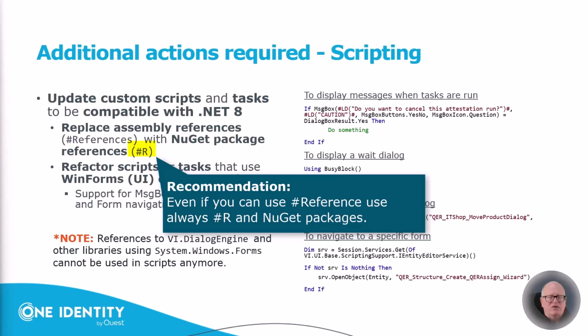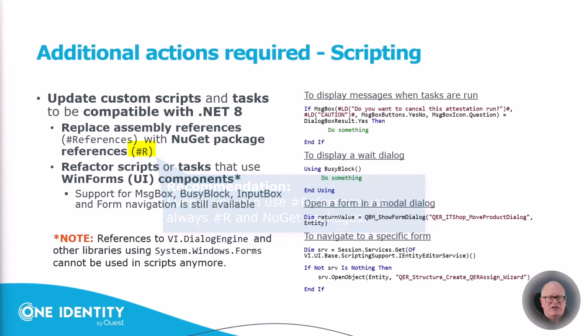Because of that, you now have to convert all hash references into hash R, and in hash R tags you will then reference NuGet packages. The mechanism will be the same. If there are NuGet packages referenced, all referenced components, even if the components which are referenced have their own references, will be analyzed and you will then upload to the database everything you need so that your implementation will work.